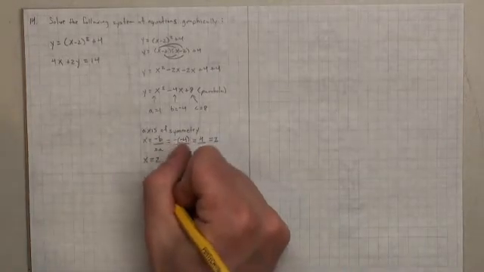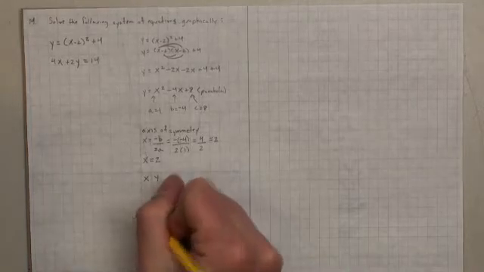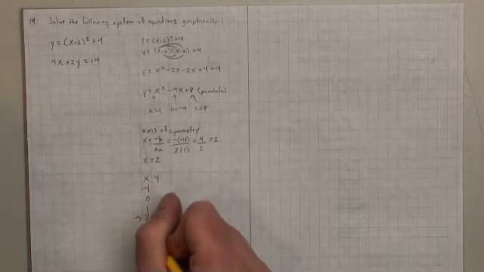Now we'll do our table. x, y. 2 is in the middle. I do 3 below and 3 above.